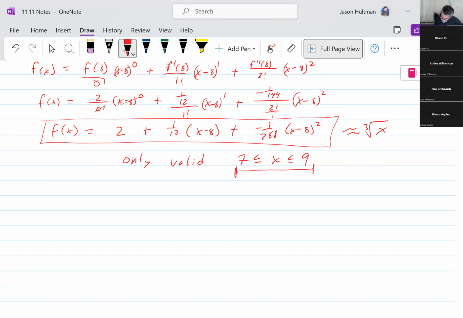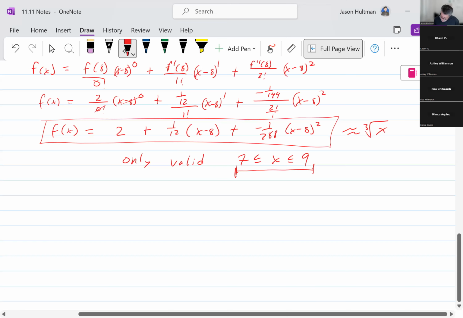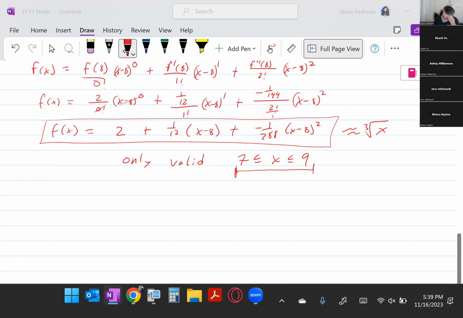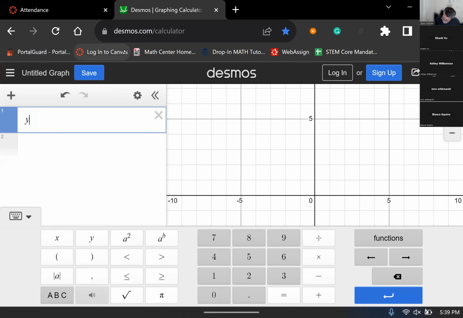this region? Okay, so maybe if we go back to Desmos and we see what we're looking at. So I want to type in, okay, y equals, okay, 8, or not 8, I want x. Go back.